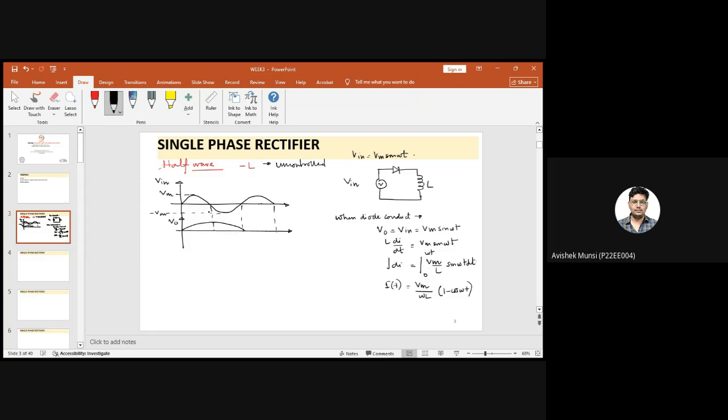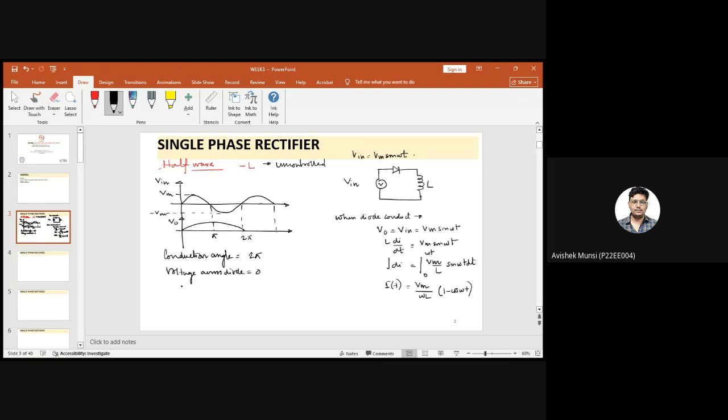What happens in this case is that the conduction angle of the diode becomes 2 pi. This is my pi, this is 2 pi. And what will be the voltage across the diode? Since in the second half cycle it will be minus, the voltage across the diode will be 0.